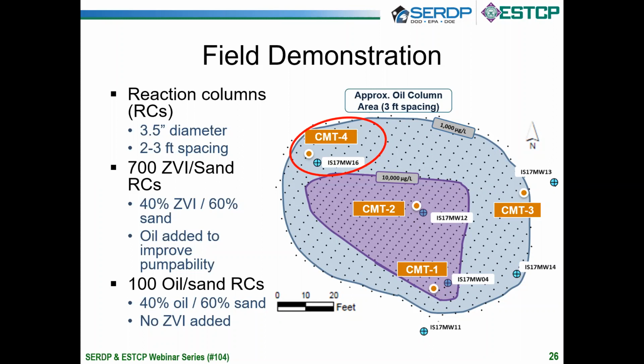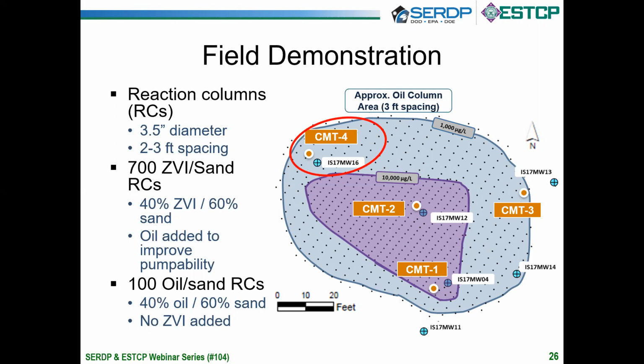Again, these columns are 3.5 inches in diameter, spaced 2 to 3 feet. Of the 800, 700 were ZVI and sand reaction columns. Those consisted of 40% ZVI and 60% sand. And then an oil was added to improve the pumpability of our amendment mixture, to make it a little bit more slick so we could get it through some of the hosing up to the top of the excavator.